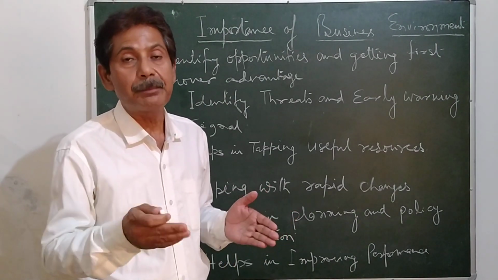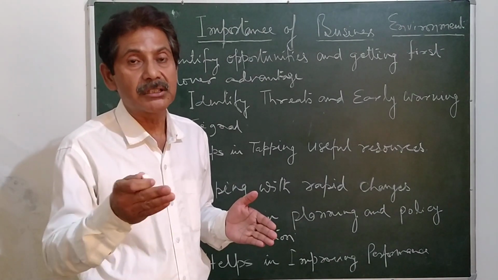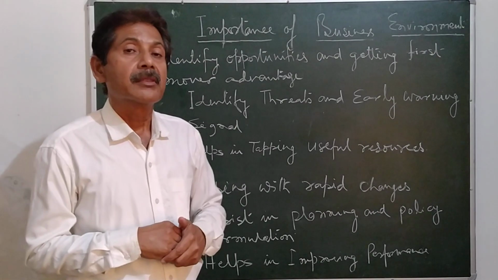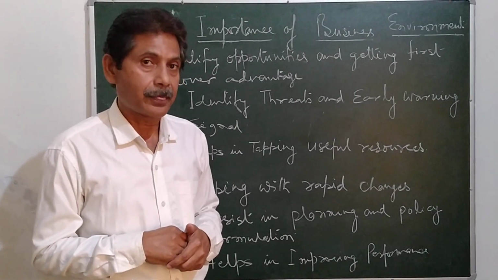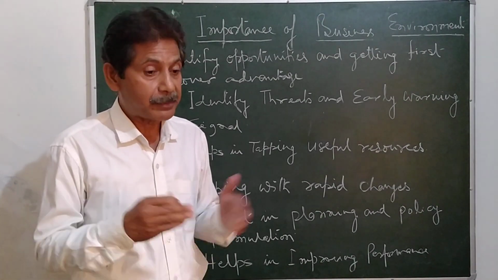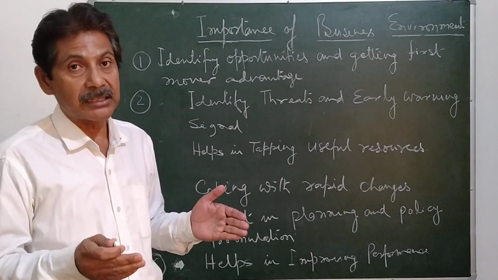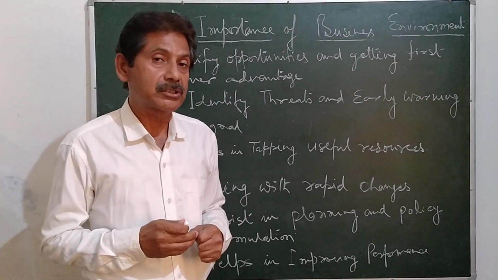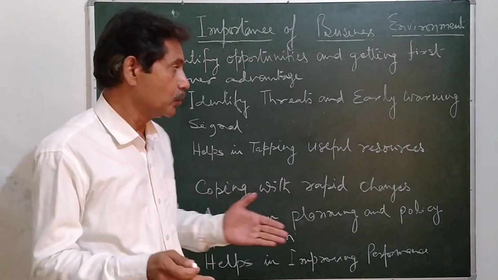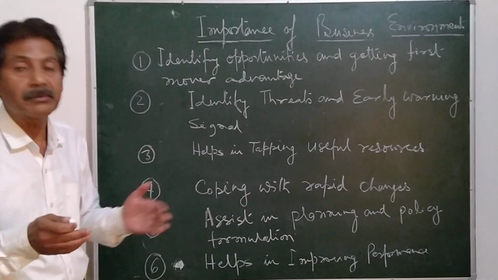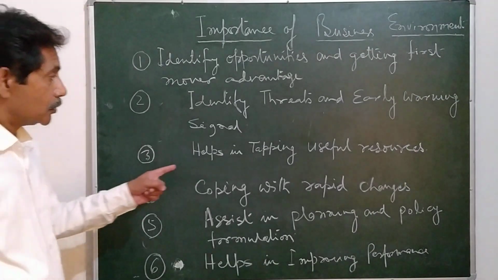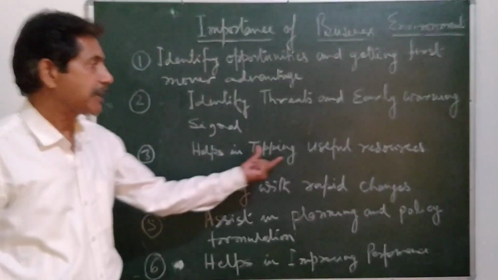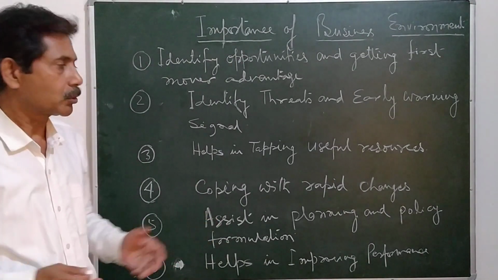That is known as API, active pharmaceutical ingredients. But that is being supplied by China. So you will have to tap the resources. Until and unless you tap the resources, it is not possible for you to meet the demand. So business environment helps in tapping useful resources.